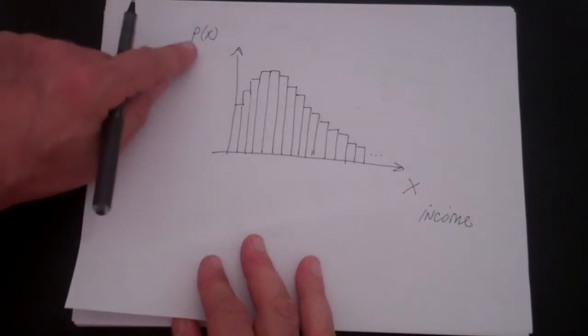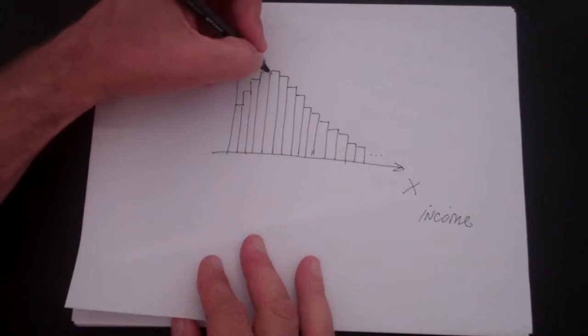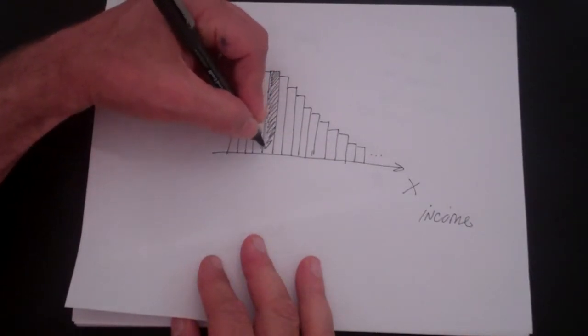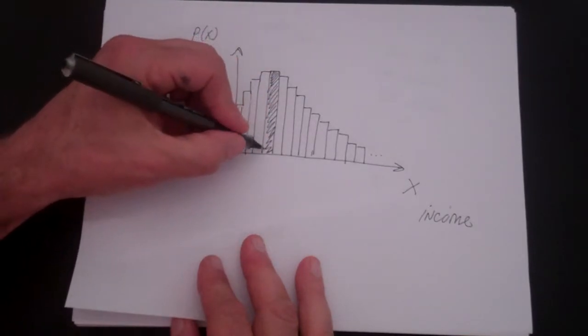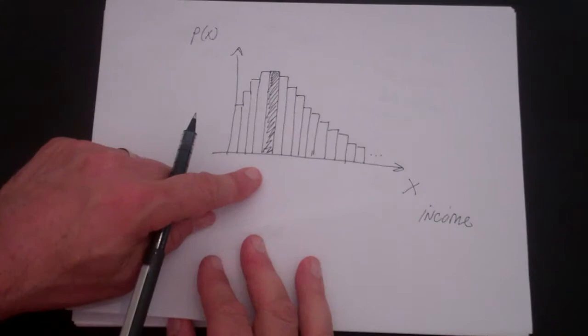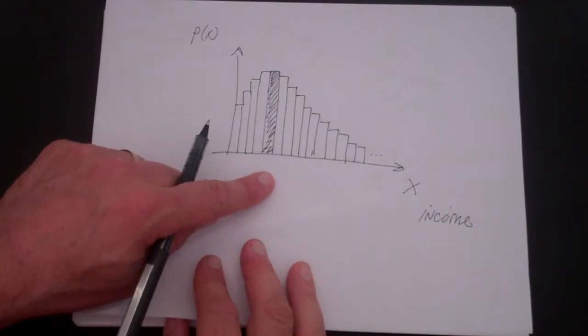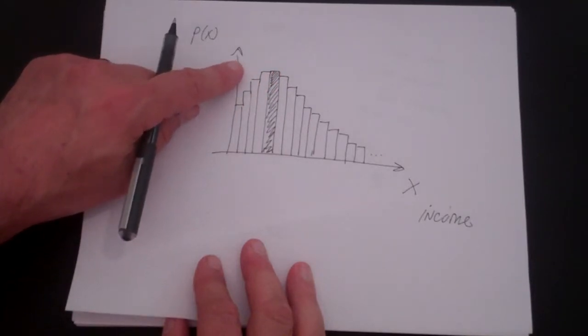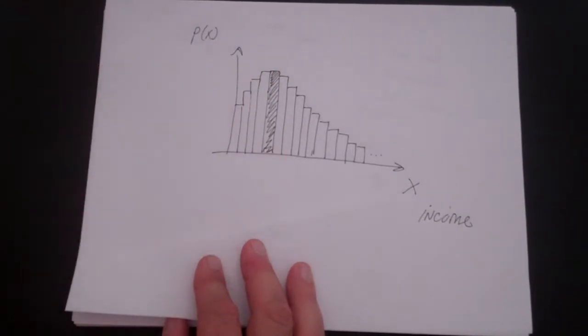Where the height of, say, falling in this particular category, this might be, for example, the value of income between, say, $48,000 and $55,000. And the way you read it is you read across to see what the probability of falling within that category is.